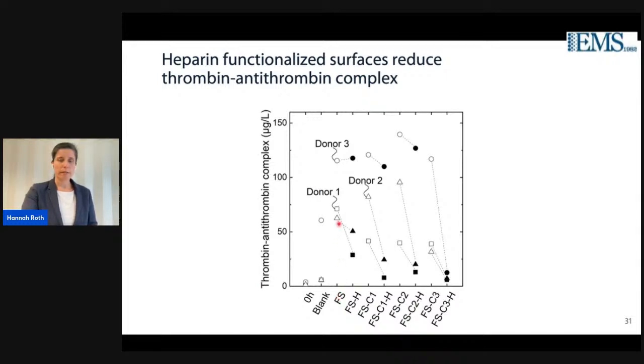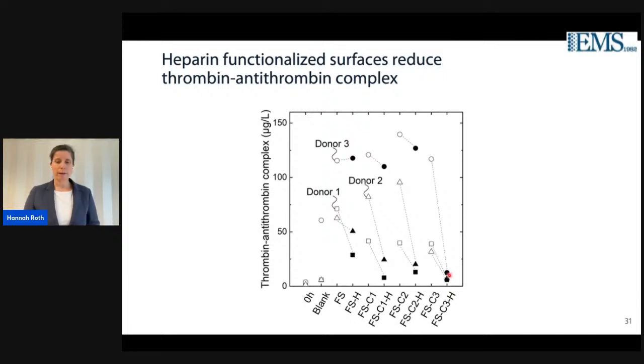Then the test was carried out with several different membranes that we made in the lab: the reference membrane itself, and this one with heparinization, where you can already see a slight decrease. But when you look to the very right side, with the highest chitosan concentration, where the chitosan-modified membrane alone still creates quite some complexes, you see that the heparinized version of it achieves very low thrombin-antithrombin complexes.